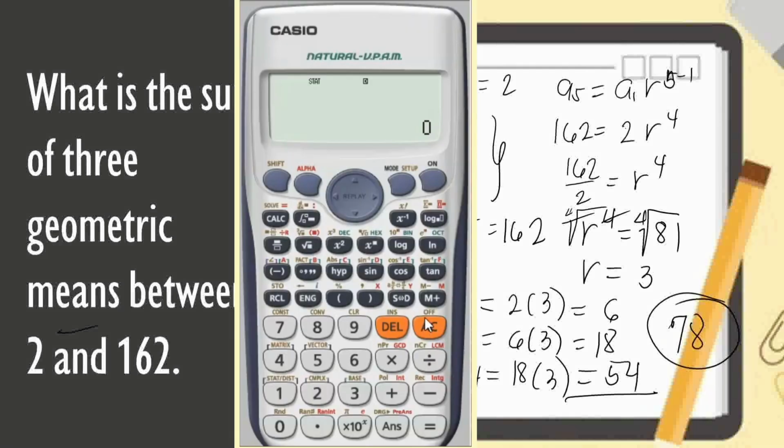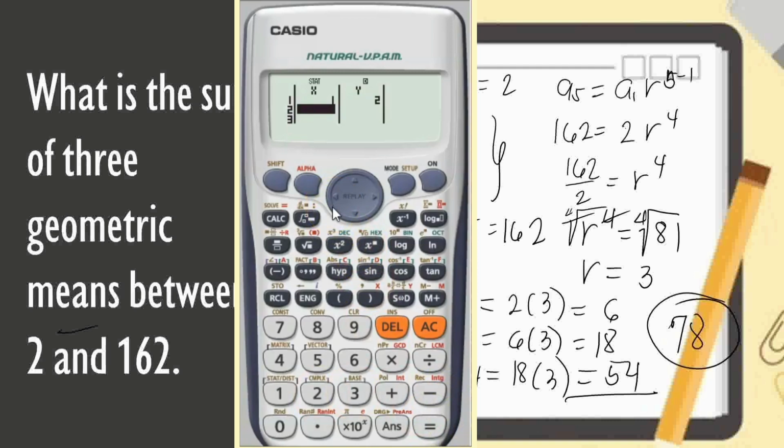So, dito, pag sinabi natin geometric means, so, at the middle. So, meron daw tayong 3 terms sa gitna ng 2 and 162. Kasi geometric, meron tayong common ratio. So, yung first term is 2. And then, si 162 kaya, pang ilang term kaya siya?